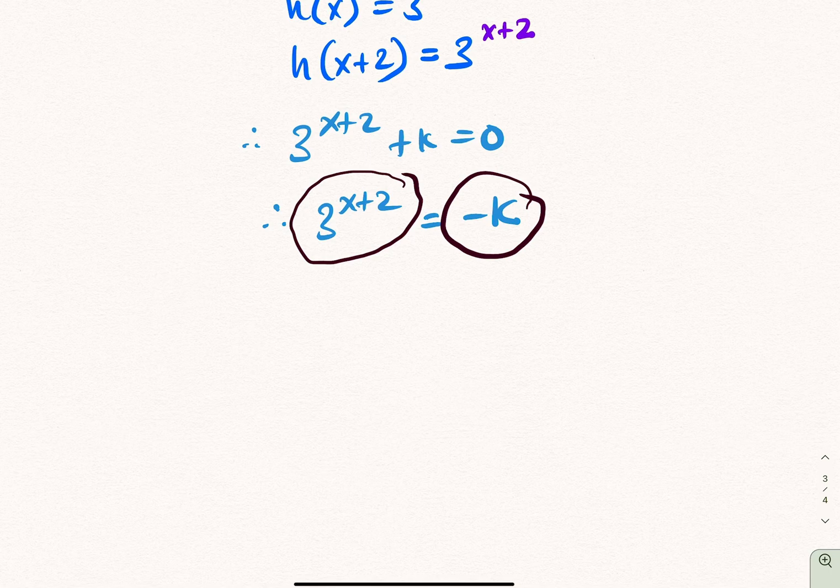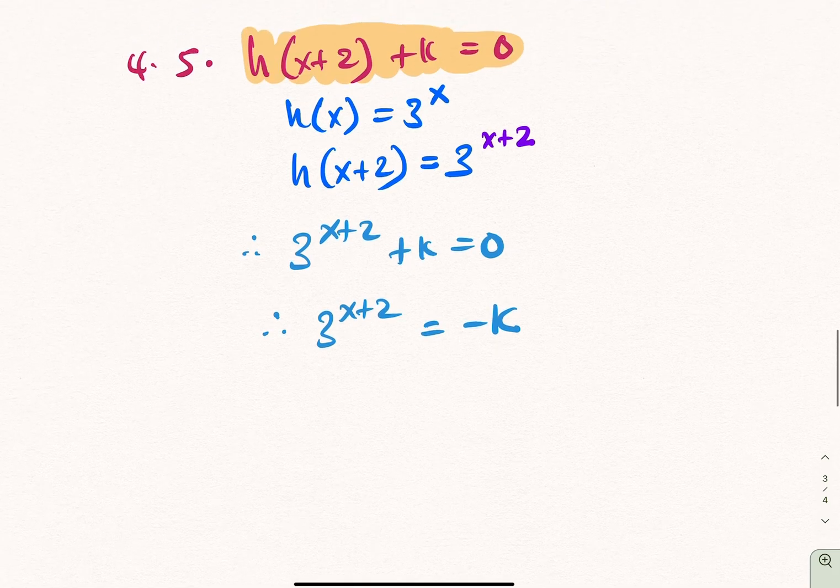So we are saying, if you translate h, which is this one, horizontally to the left by 2 units, what value of k would that situation be?